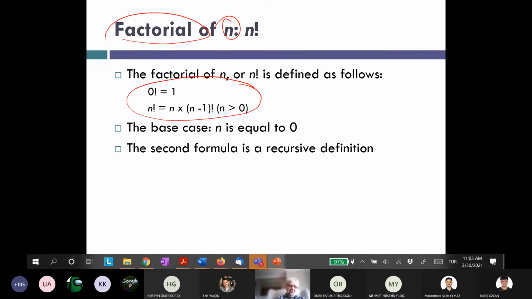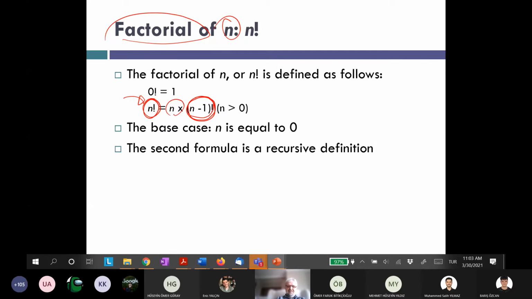So to be able to calculate n factorial, this recursion means we need to calculate the n minus 1 factorial first, and multiplying the result with n will give us n factorial.